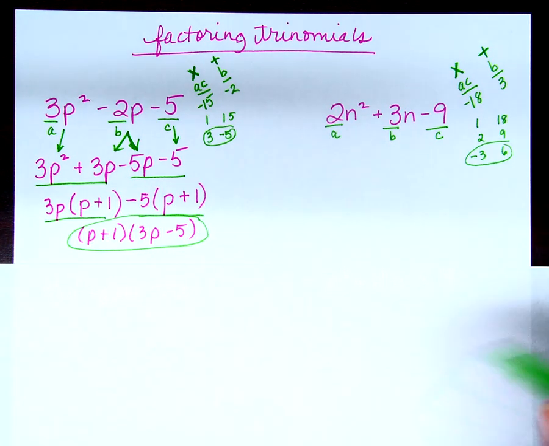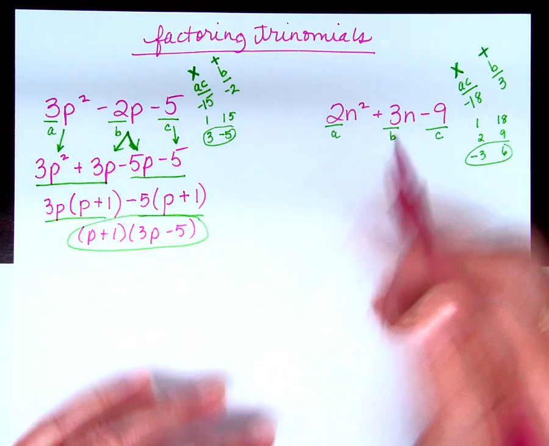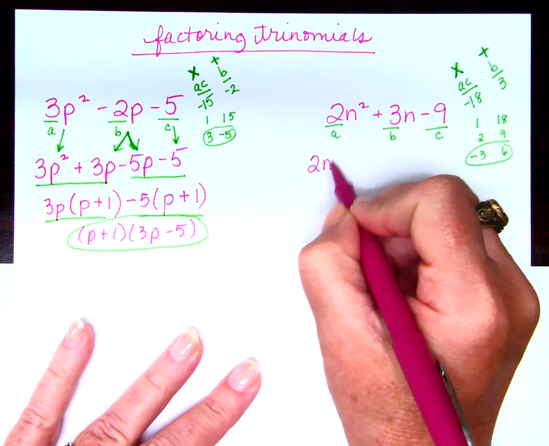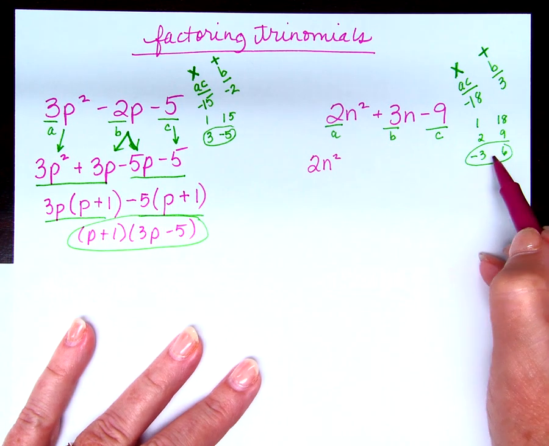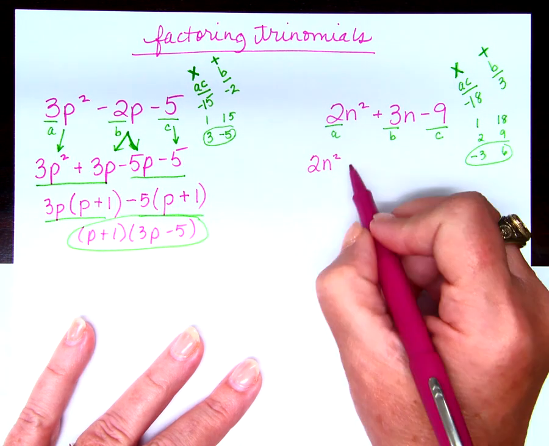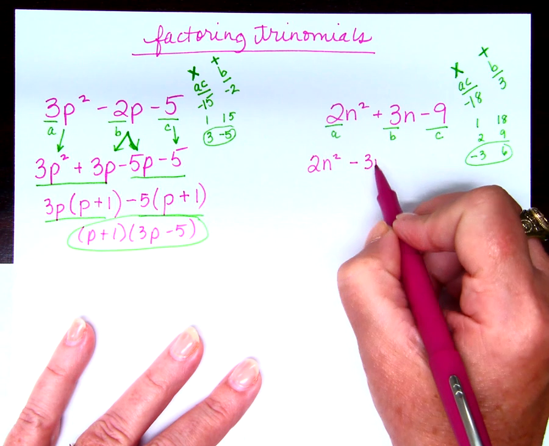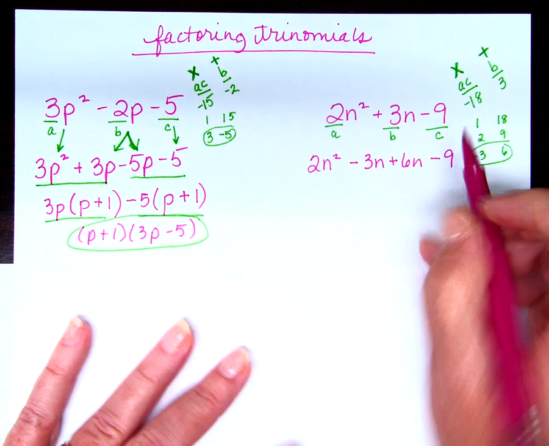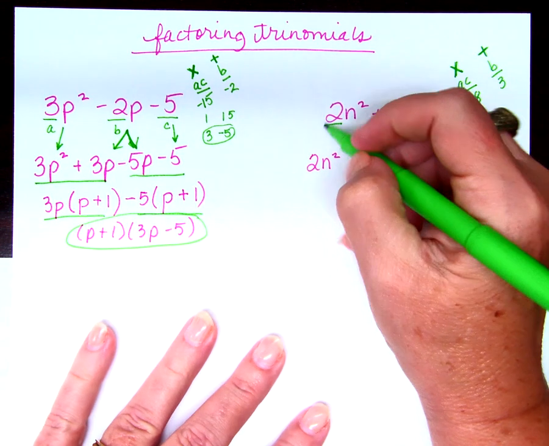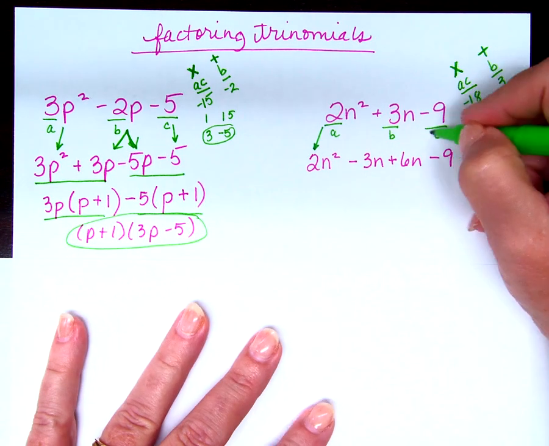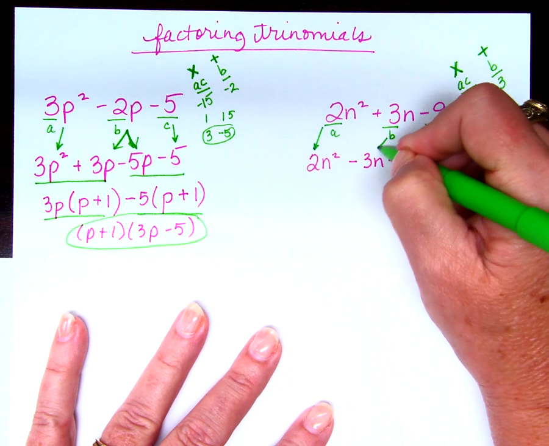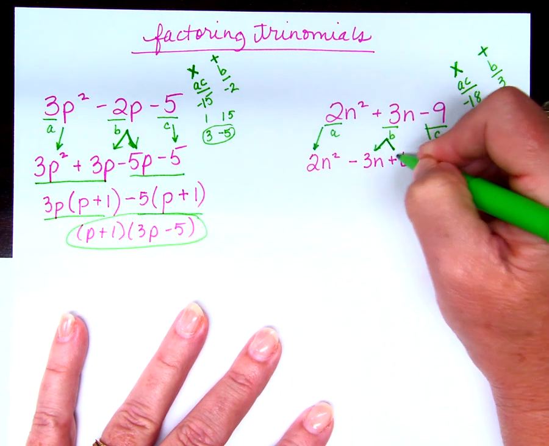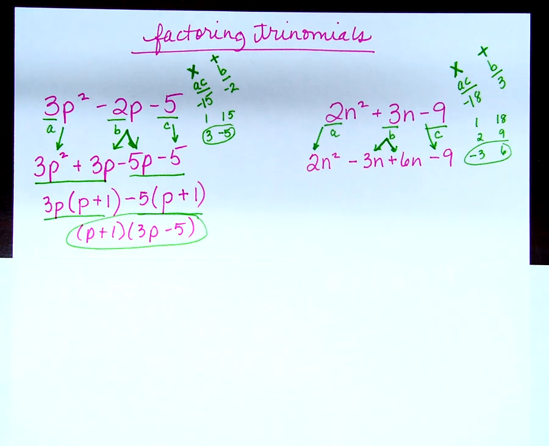Okay. So I'm going to rewrite my problem. 2n squared, but I'm going to use these two instead of that middle term. Minus 3n plus 6n minus 9. Once again, all I did was rewrite the first term and the last term, but I split the middle term into two parts. Do you see that? Now I'm going to factor by grouping.